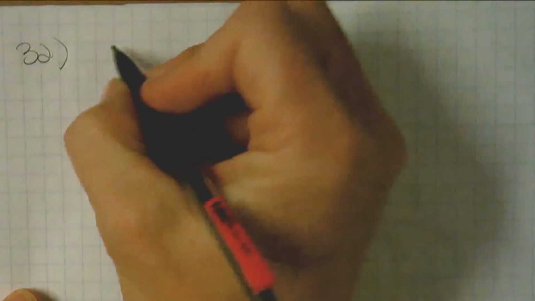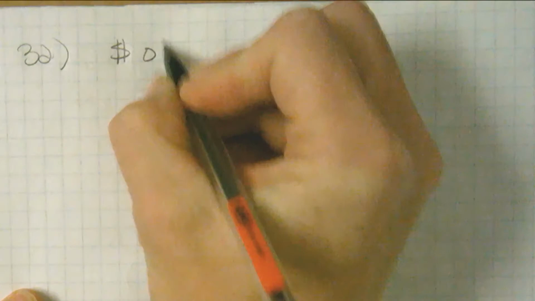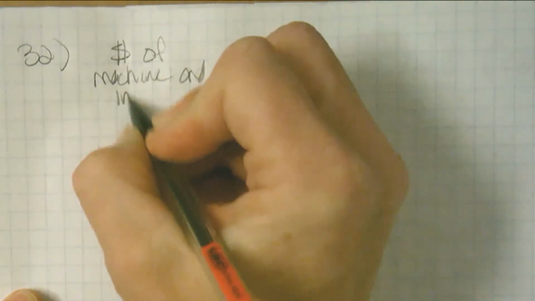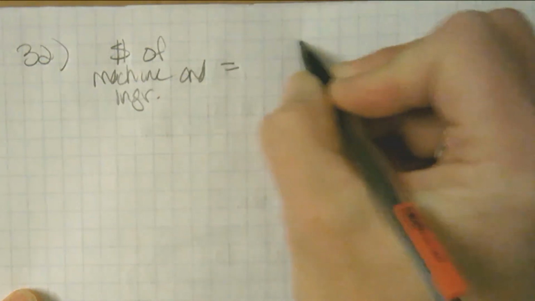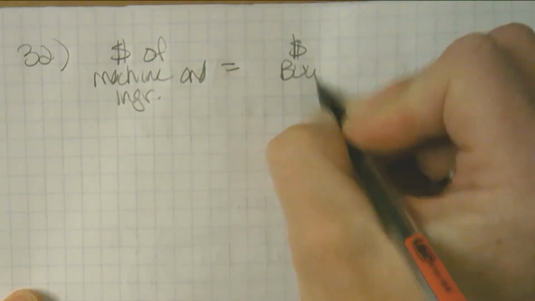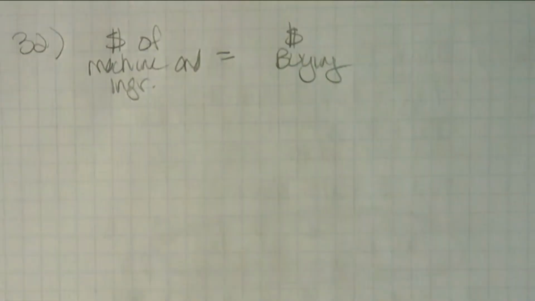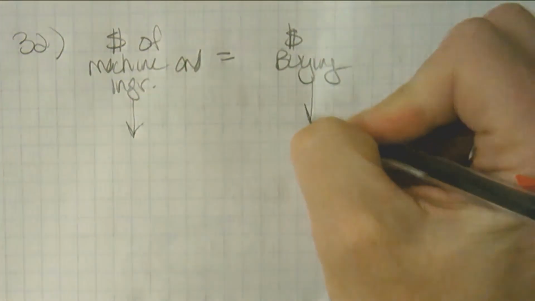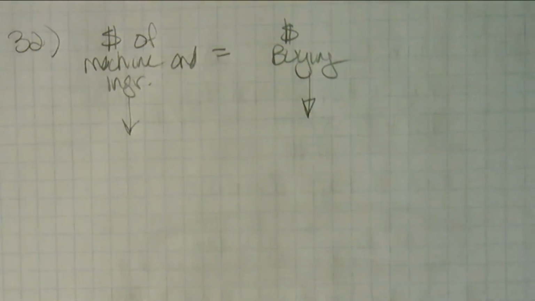There's your game plan. I'm going to write that from the very beginning, and then I'm going to write the rest of this down. We want the cost of machine and ingredients equal the cost of buying. That's our game plan. All right, so now let's write down what we know. I'm just going to categorize these things underneath it, and then we'll write a detailed game plan.